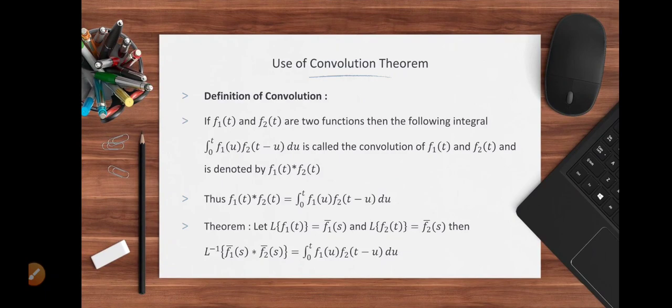Then inverse Laplace transform, that is L inverse of f1 bar of s star f2 bar of s, is equal to integration from 0 to t f1 of u into f2 of t minus u, and this integration is performed with respect to u. So this is the convolution theorem for inverse Laplace transform.